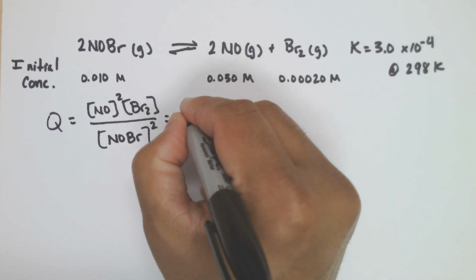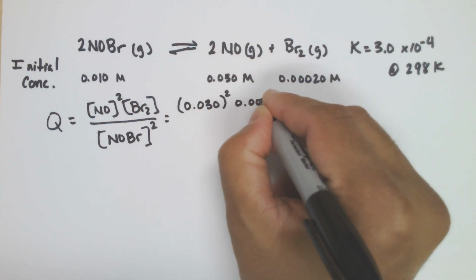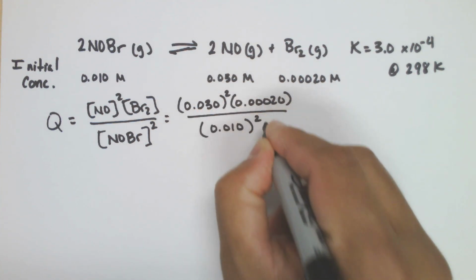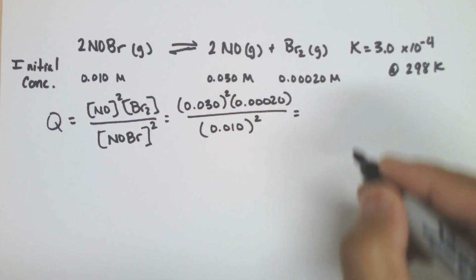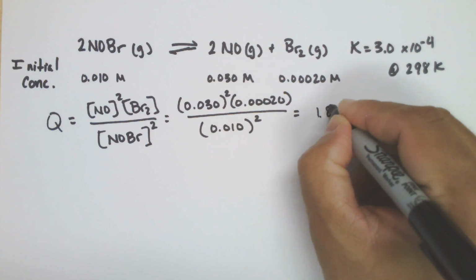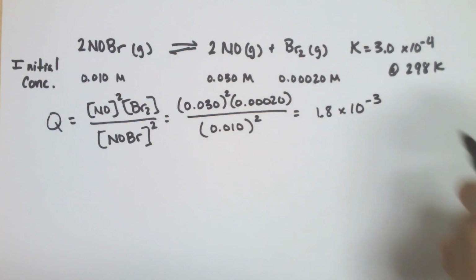So let's plug in our values. And when we plug in our values, we will get a reaction quotient of 1.8 times 10 to the minus 3.